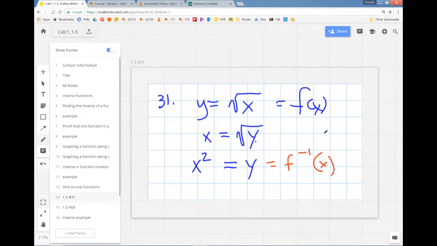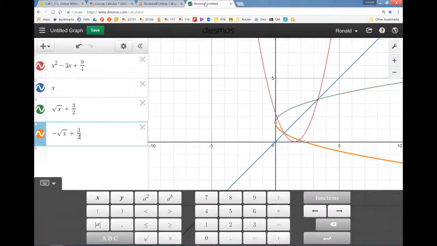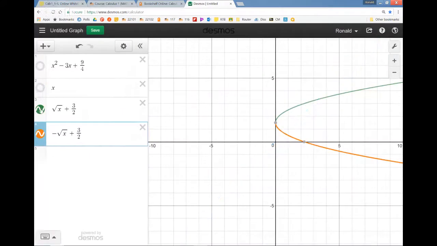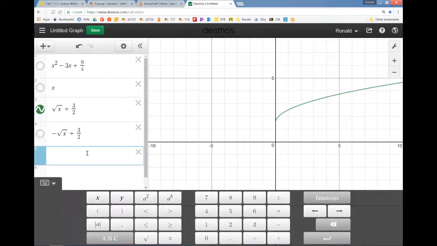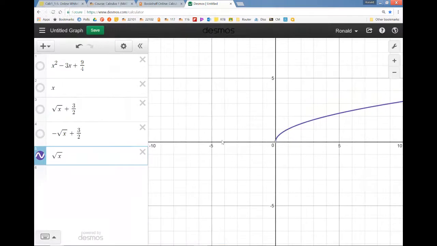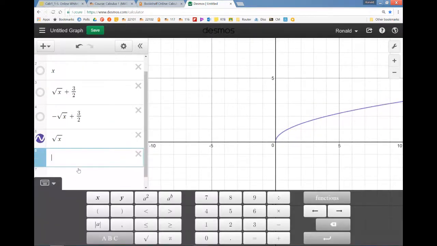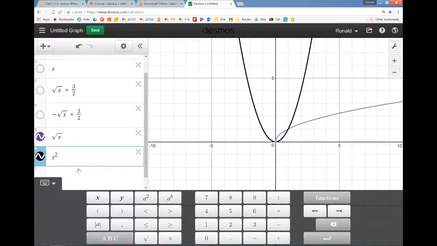So let's just take a look at that in Desmos. Okay. So we've got the square root of x, which looks like that, and we found its inverse was x squared. And you notice they're not mirror images of each other.